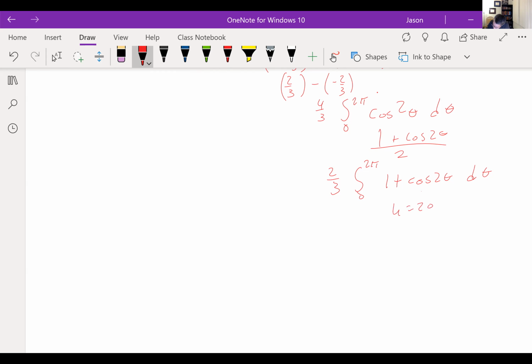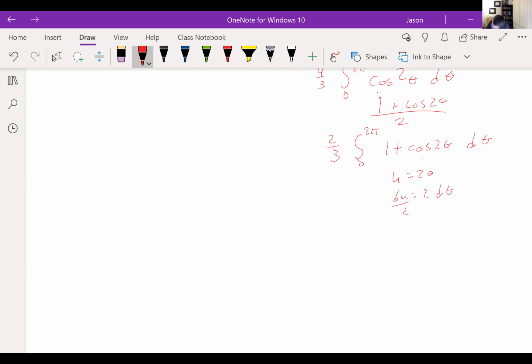It's just u is equal to 2 theta, du is equal to 2 d theta, and so we get over 2, and then the limits go 0 to 4 pi of, is that right? Can I do that? 1 plus, no, I don't think I can do that. I need to separate this.